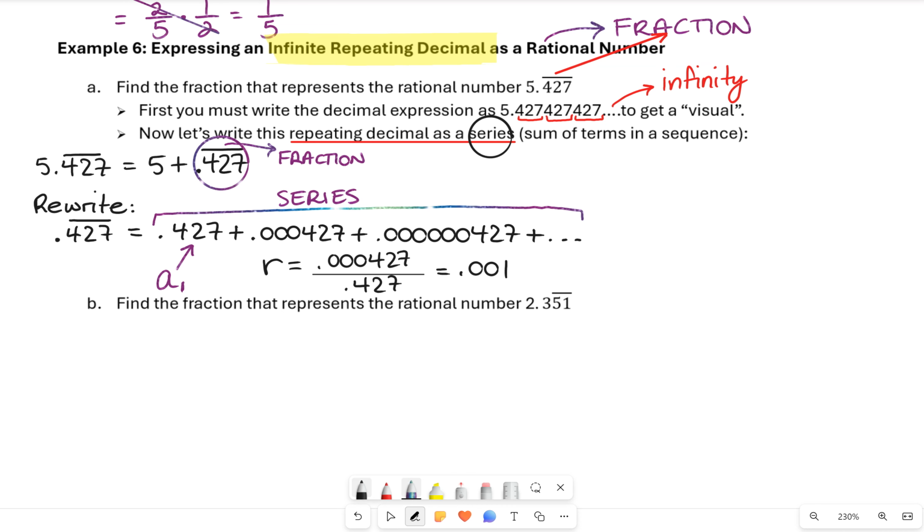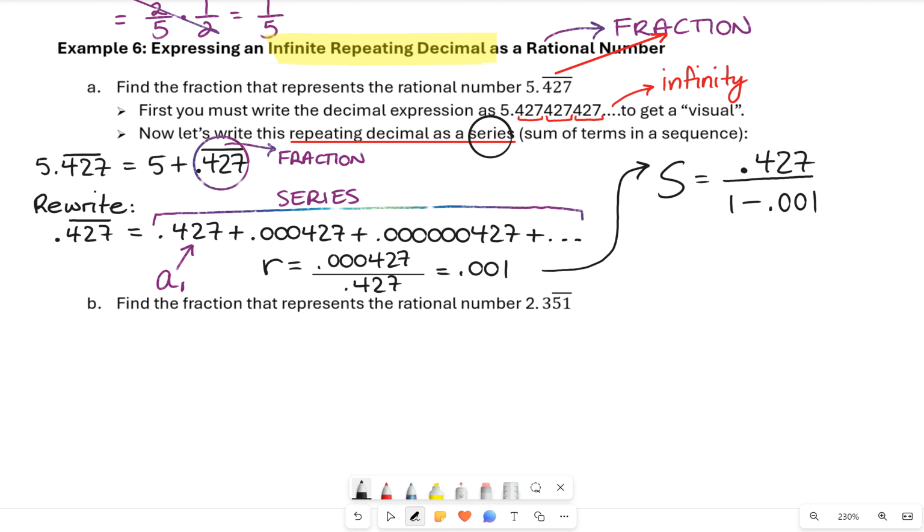So let's go use that formula. The formula says to find the sum, I need to find A1, 0.427, and I have to divide it by 1 minus R, 1 minus 0.001.